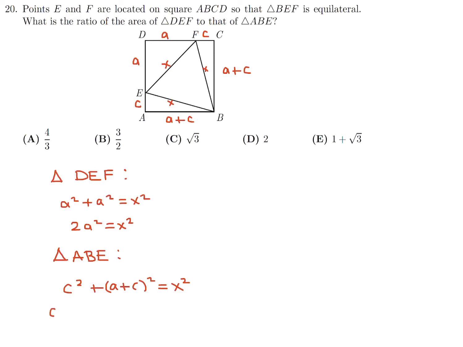And therefore, we can expand this. C squared plus a squared plus 2ac plus c squared is equal to x squared, like that.